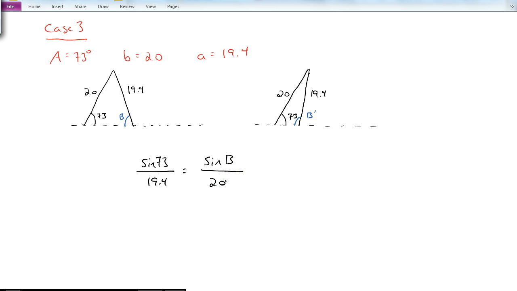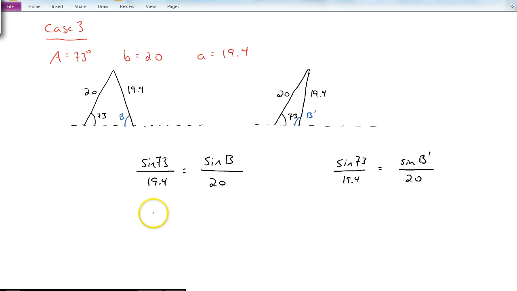I would set up these two triangles the same way. I mean, I could work on this one too. Sine of 73 over 19.4 is equal to the sine of B prime over 20. So let's just keep going.